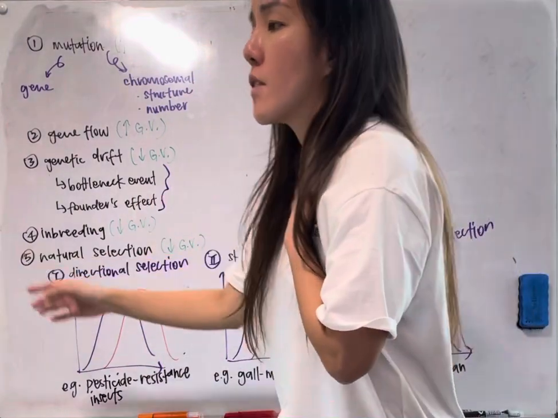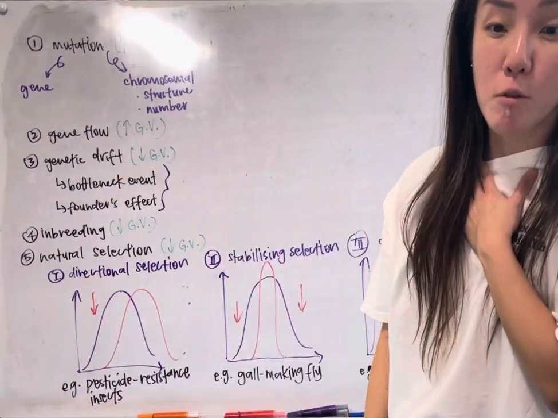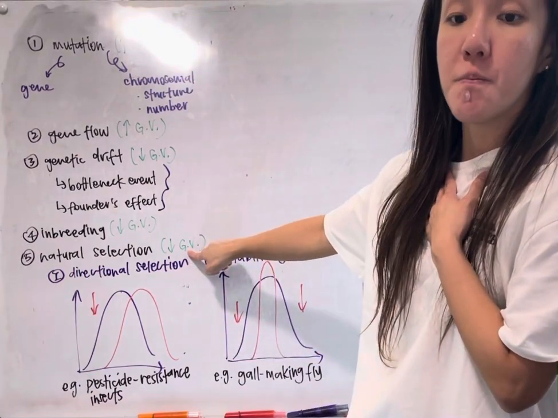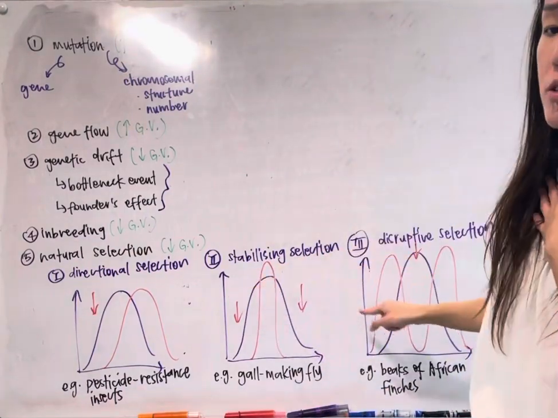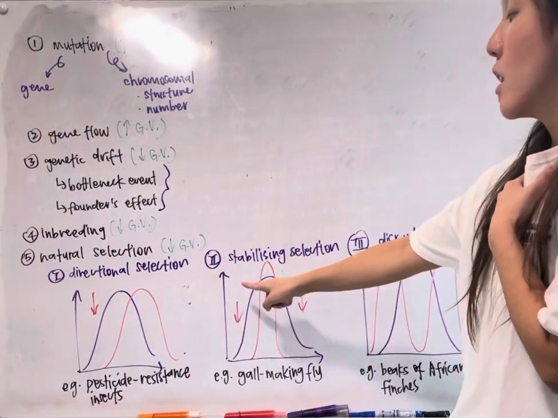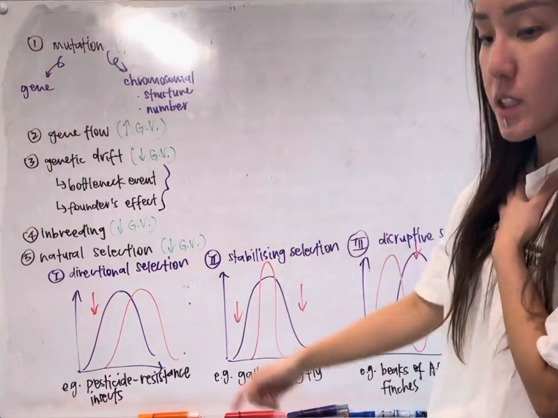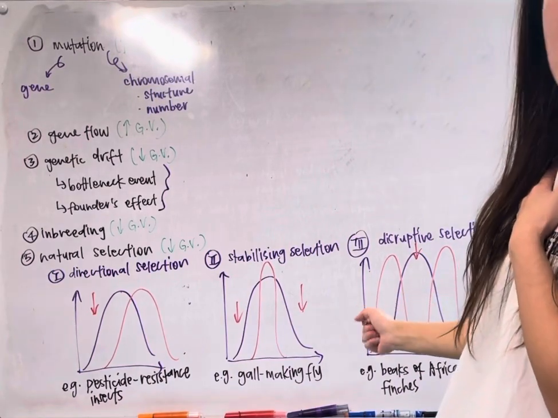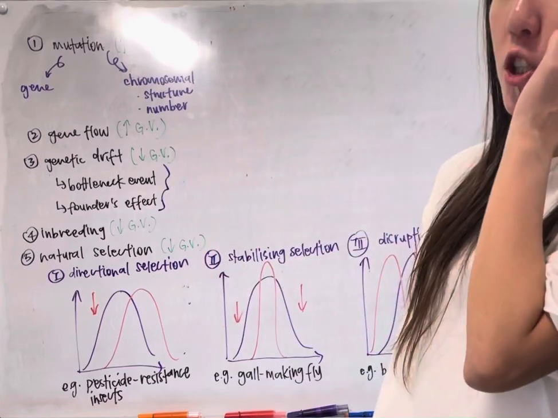Wouldn't there be loss of alleles as a result? As long as there is loss of alleles from your gene pool, that is actually decreasing your genetic variation. And then again, stabilizing selection, you also have loss of these genes from both extremes. You are thereby decreasing genetic variation. Same thing with your disruptive. As long as you cause loss of alleles, that is actually decreasing GV.